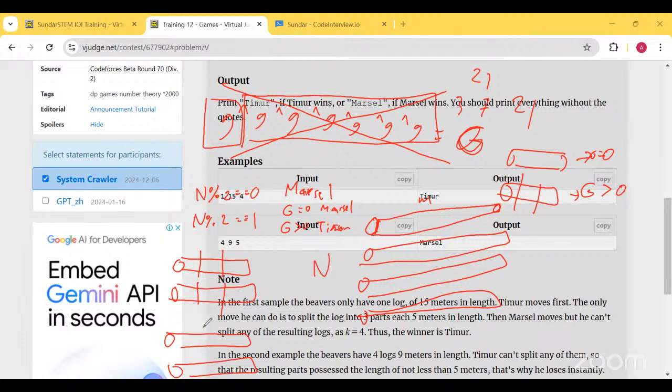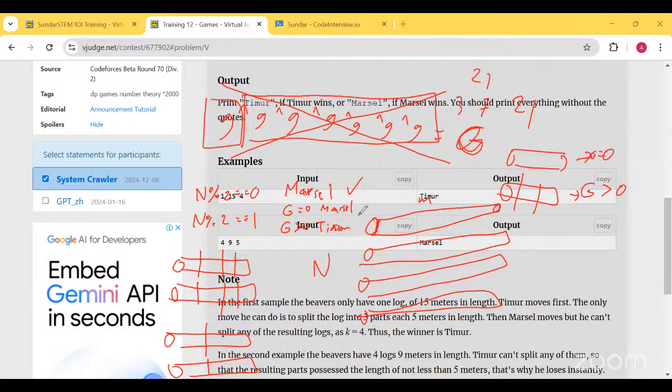And if the first player cuts into 2, then just follow it. So the second player always has a move. That's why the second player wins the game.